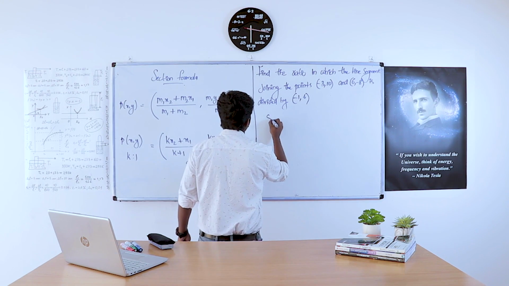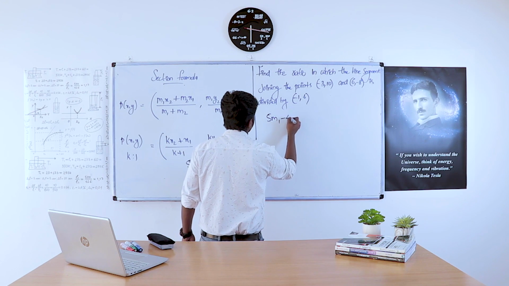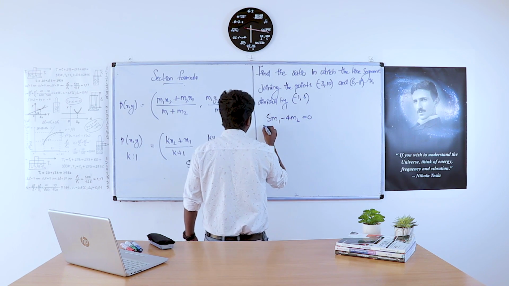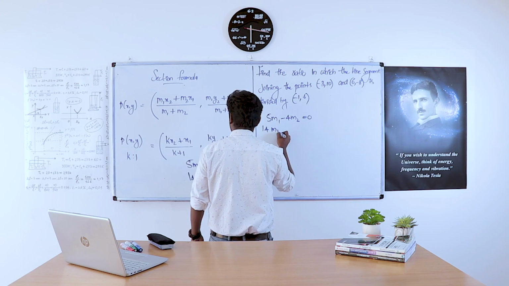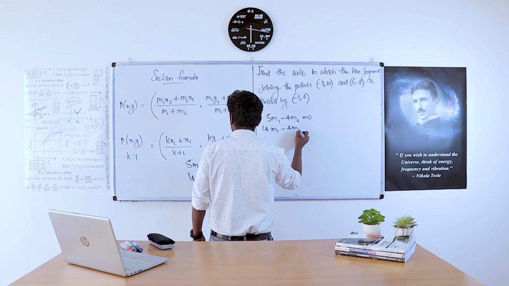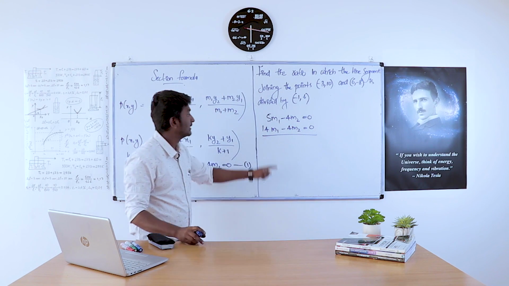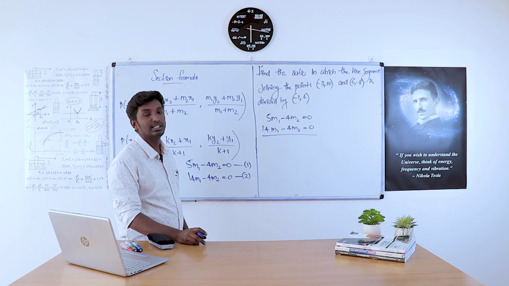That is 5m1 - 4m2 equal to 0, and the second equation is 14m1 - 4m2 equal to 0. In both equations the coefficient of m2 is the same, that is -4.